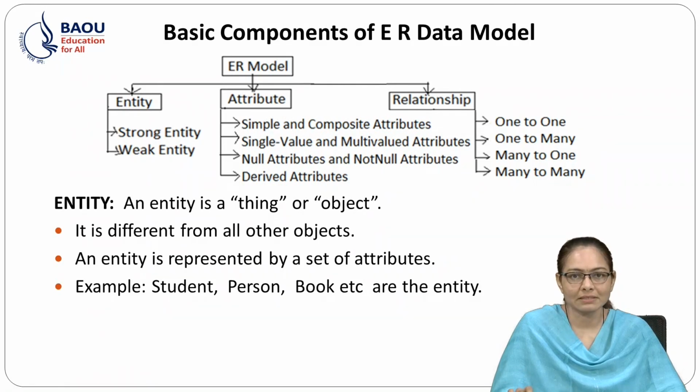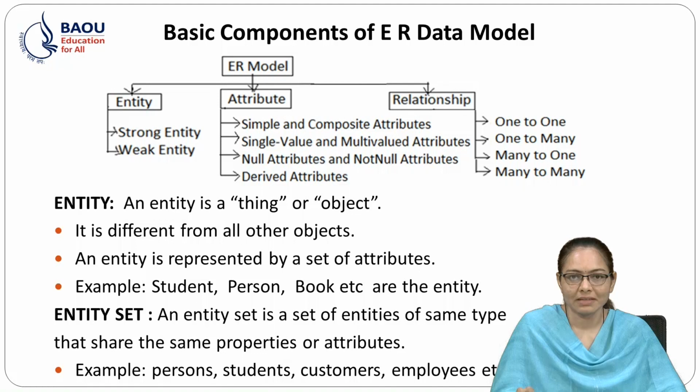Now what is an entity set? An entity set is a set of entities of the same type that share the same properties or attributes. For example, a group of persons or students or customers or employees, etc. are entity sets.